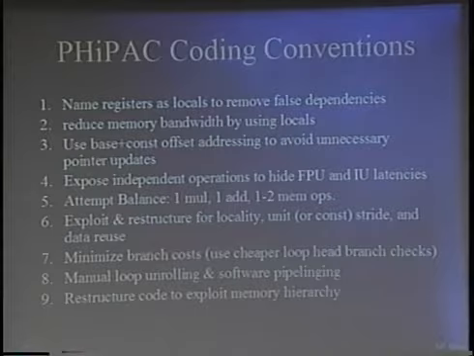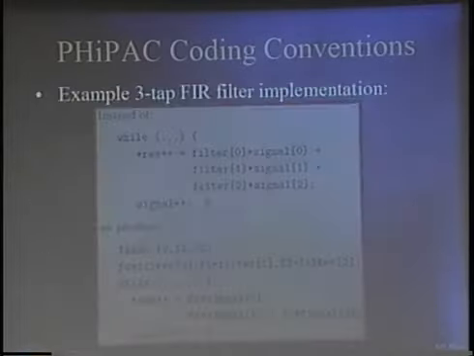We use base plus constant offsets rather than actual increments, because most instruction sets include a base plus immediate constant offset addressing mode, so you can get these things very cheaply right away in a single cycle. We expose init operations, again by using local variables. And there are a number of other tricks that we do here.